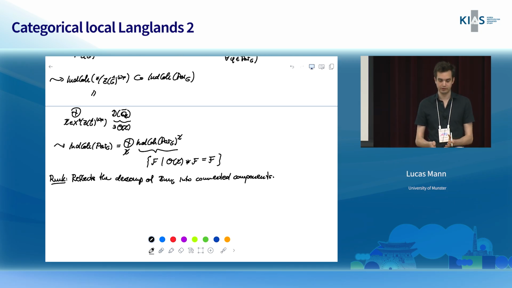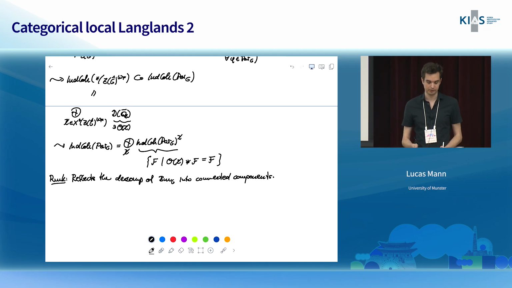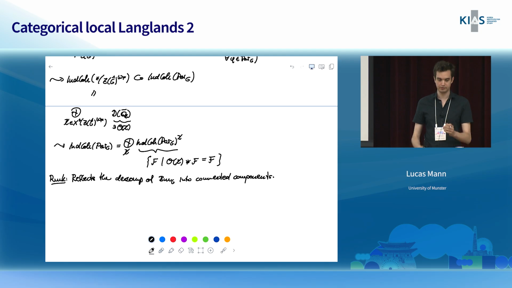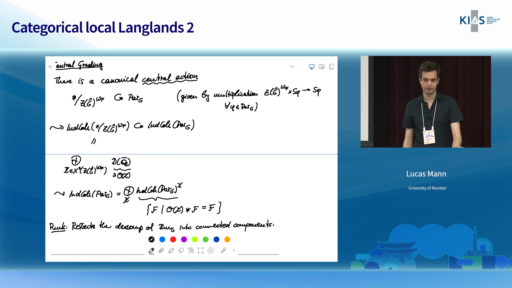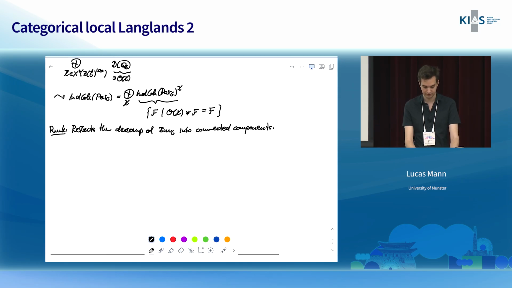And so D of Bun_G also splits canonically into a product or direct sum of D of Bun_G sitting on each of these connected components. So whenever we want to make an argument on the spectral side that reflects something on the automorphic side that works with these connected components, we should expect to have to do something with this central grading. And that's why it plays such an important role in many of the constructions.